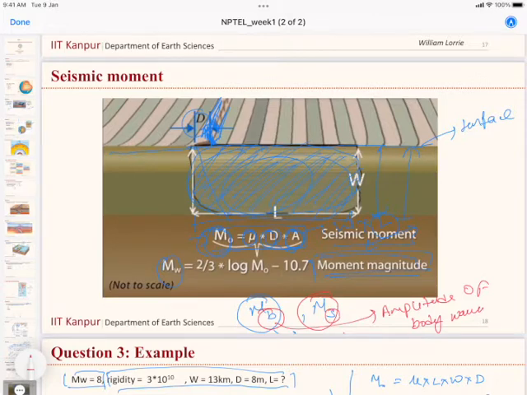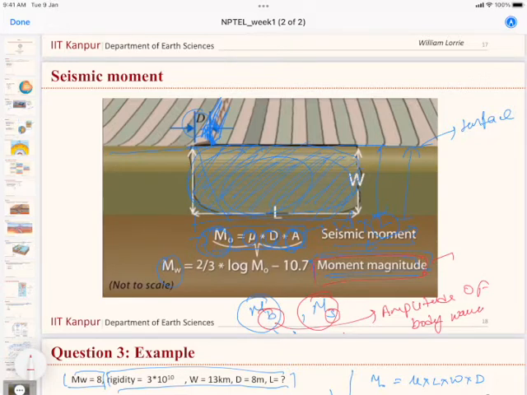So there are two methods through which we can also calculate the earthquake magnitude, but since these two methods are not very reliable, we calculate the moment magnitude, which is considered the more scientifically accepted form to quantify the size of the earthquake. Why is it widely used and scientifically valid?